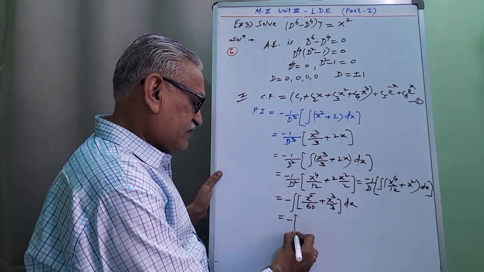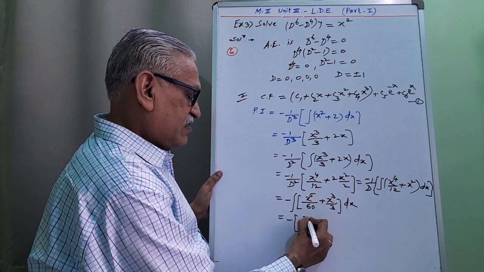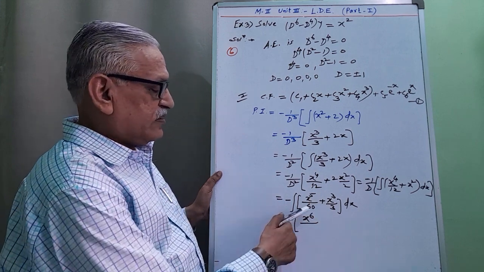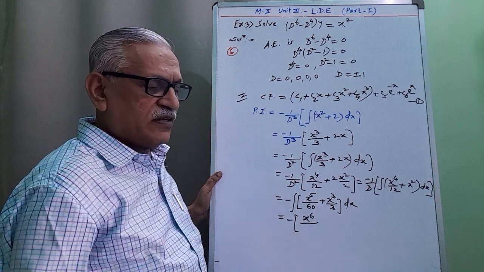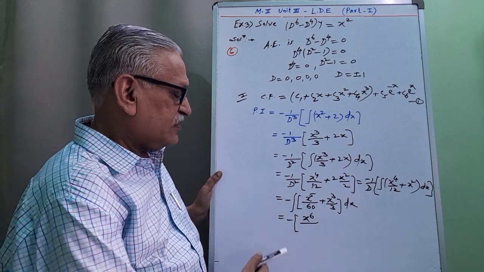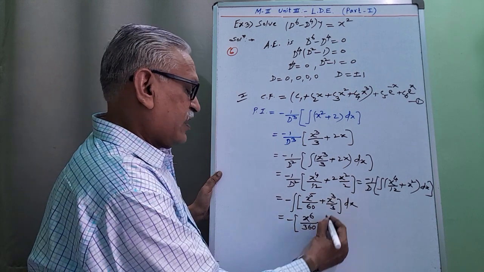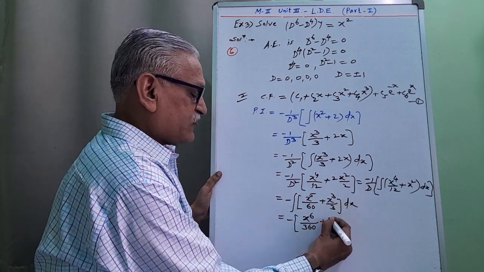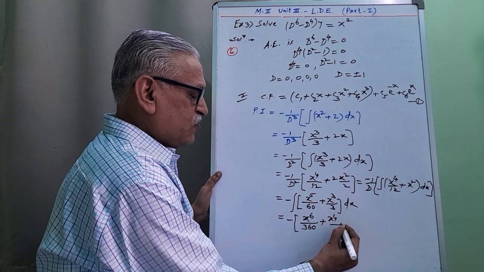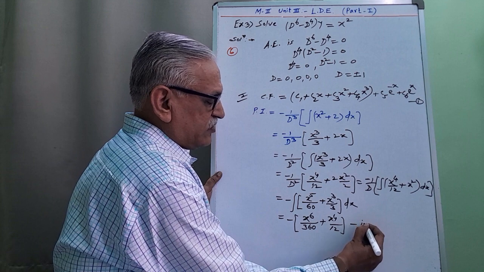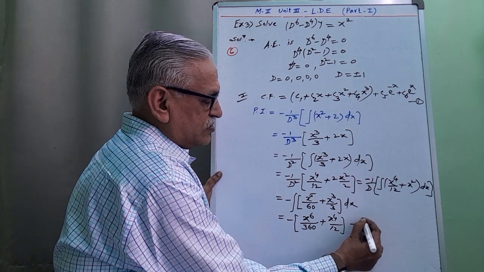Therefore, minus x raised to 6 by 6 into 60, that is 360, and plus integration of x cube is x raised to 4 by 4, 4 threes are 12. We call this equation 2.